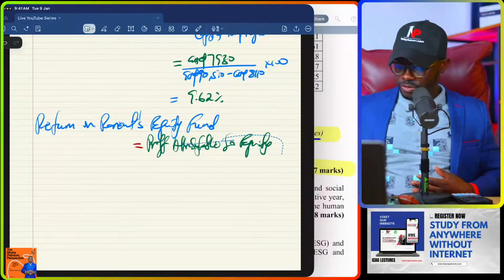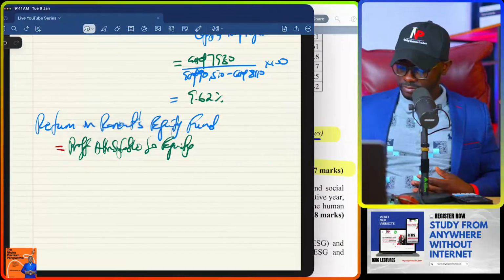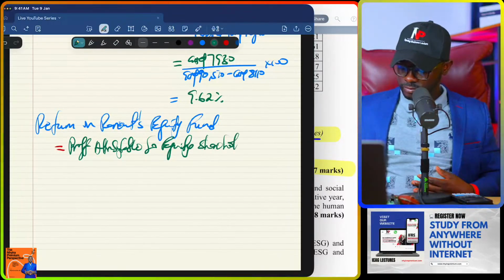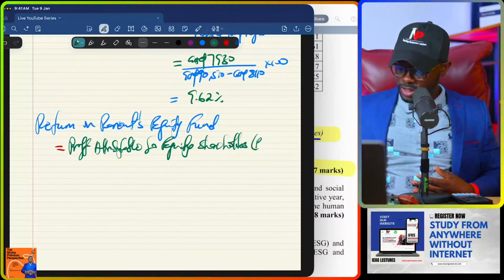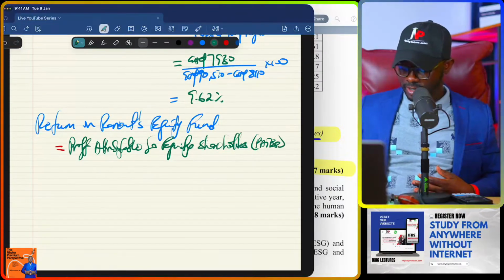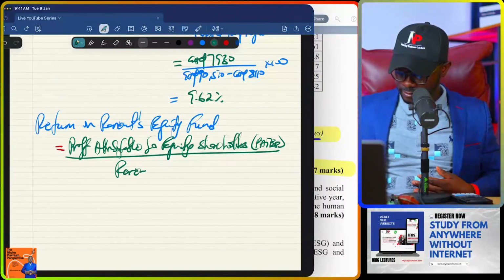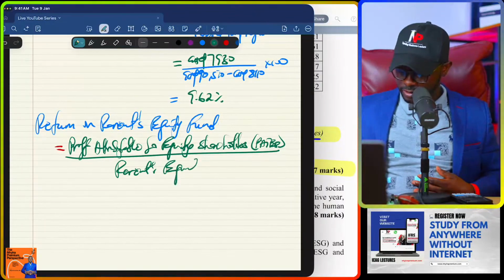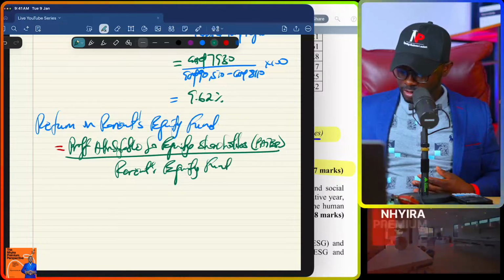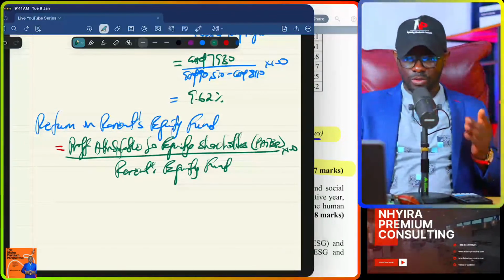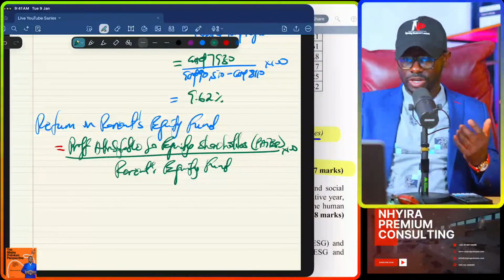At this point, I need to adjust my slide a little bit. A couple of workings will be required in the context of this question.